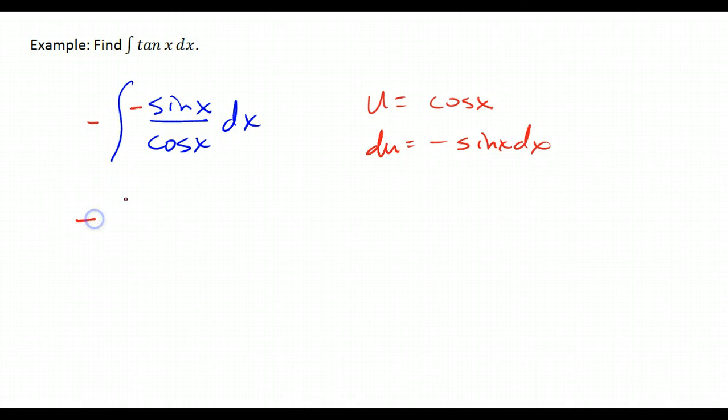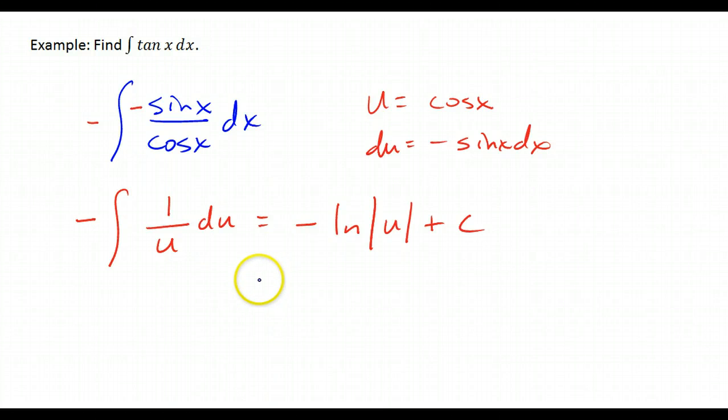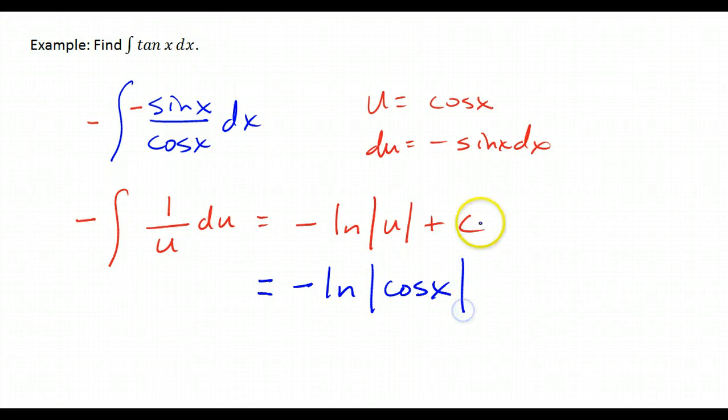And I'm going to have the negative integral of 1 over u du, which is the negative natural log of the absolute value of u plus c. Rewriting this in terms of x, I get negative natural log of the absolute value of cosine x, because remember we defined u to be cosine x, plus c.